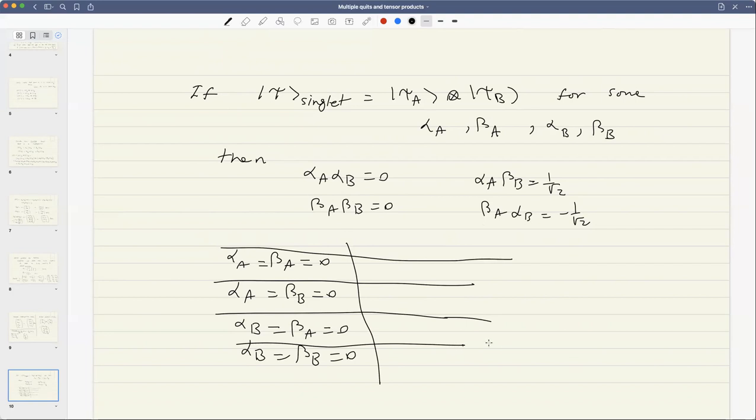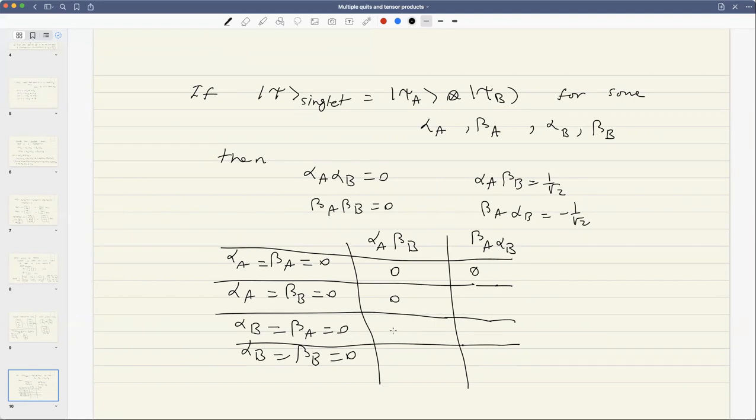So let's do alpha A, beta B, and beta A, alpha B. So alpha A is 0, so this is 0. Beta A is 0, this is 0. Alpha A is 0, again, that's 0. This one is not obvious, we don't know.